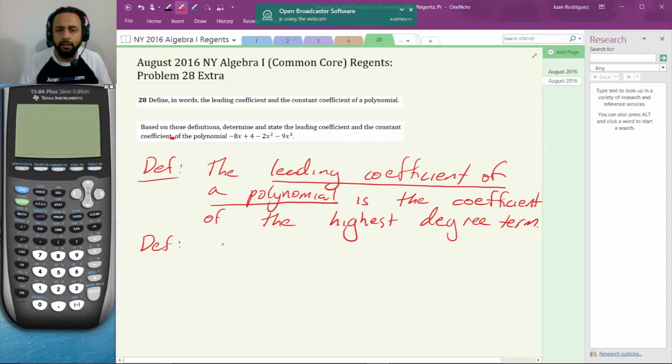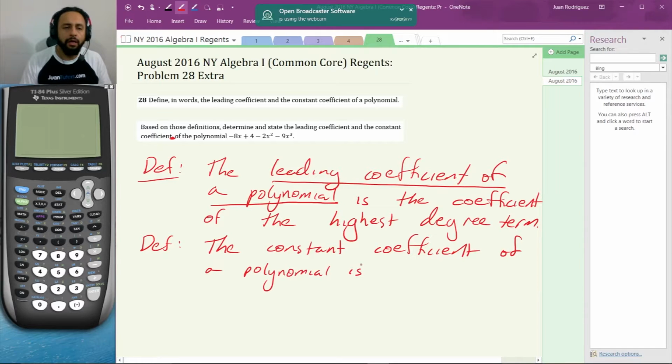And then the constant coefficient of a polynomial is the term that's not being multiplied by any variables, by any changing expressions.